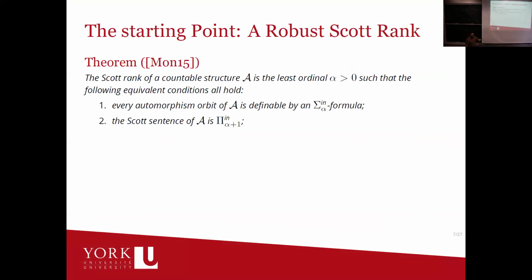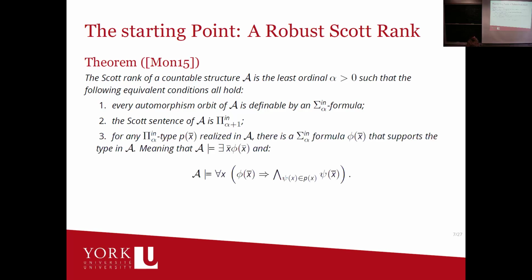There is a sentence that characterizes this structure up to isomorphism among all the countable structures in the same language, and that sentence happens to be pi alpha plus 1. And then this Ryll-Nardzewski style statement, which says if I have a pi alpha type that is realized in A, then there is a sigma alpha formula that isolates it.